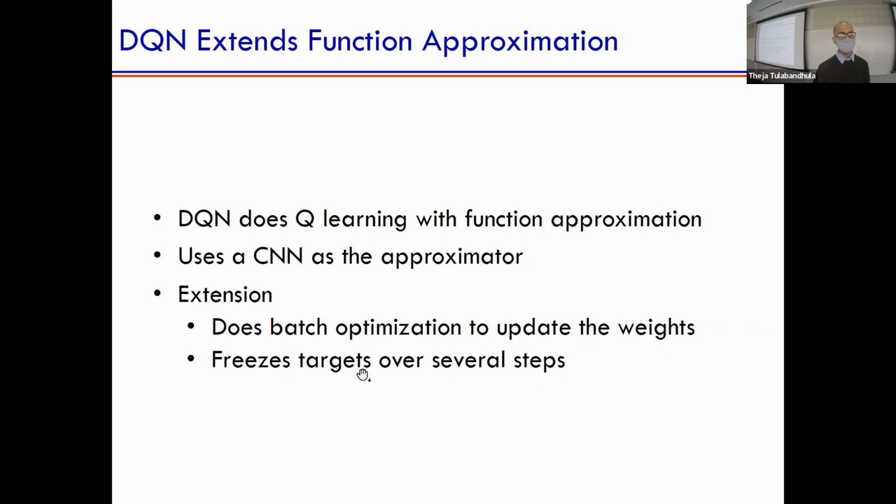So there is an idea called freezing the target, which we'll see in a second. There's also an idea of how to do batch optimization. We're going to rely on batch optimization rather than getting a new reward and a new state and then immediately doing a gradient update. We're not going to do that. We'll try to batch data and then do an update.